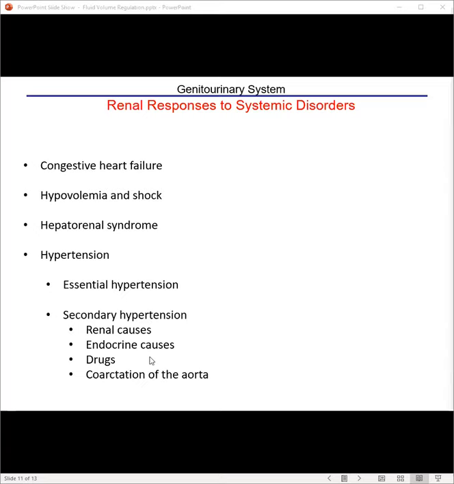On the other hand, some of the causes of secondary hypertension can be due to endocrine problems, including Cushing syndrome and pheochromocytoma, which is very rare. You will also have increased estrogen levels due to the use of contraceptive pills, and even pregnancy can lead to hypertension. That's why you have pregnancy-induced hypertension also, which is a problem in the clinics.